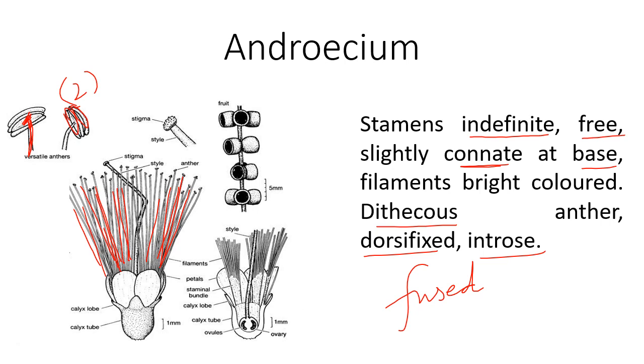And it is introrse because whenever we see anther lobe and this filament, there is a line of dehiscence, and if this middle line of dehiscence is facing towards inner side of the flower, then that is called as introrse, and when such line is facing towards outer side, then that is called as extrorse. So understand the difference between introrse and extrorse.